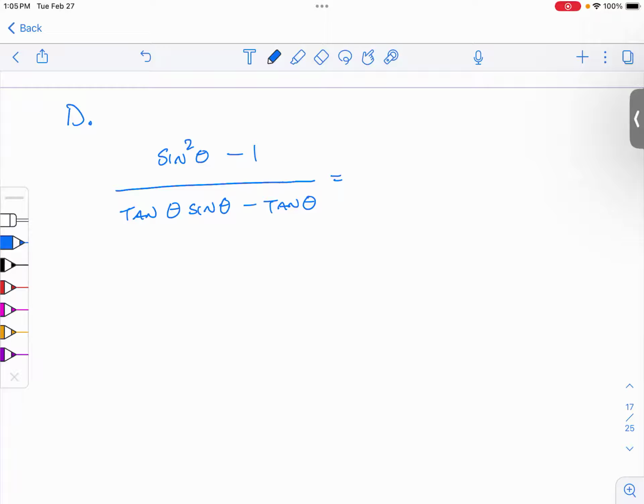Factoring. Why do you say factoring? You take the tan theta out, then you have the sine and sine minus 1. And sometimes it's hard to see that with trig. So a little technique is substitution.